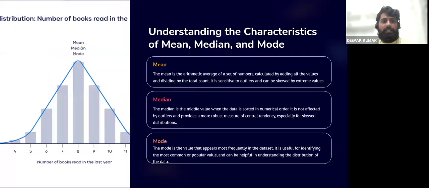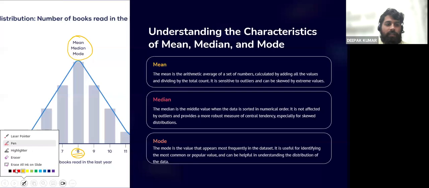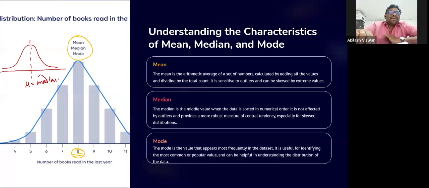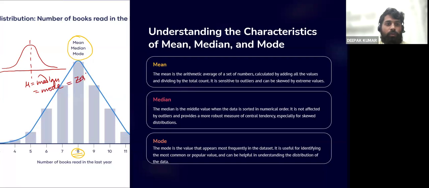So this we have already seen, how mean, median, and mode are at the same point. I discussed it in the form of a normal distribution curve, a bell curve, where usually the mean equals the median equals the mode, lying at 0 or the origin.